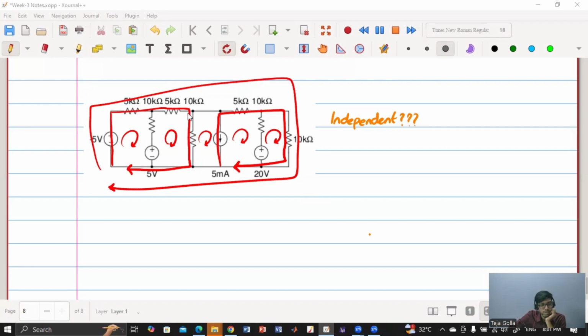Sir, inside a mesh there cannot be a closed loop. Yeah, you are right. So then these are small meshes. Yes, sir. The number of meshes can be thought of as the number of independent equations. Yes, you are right.